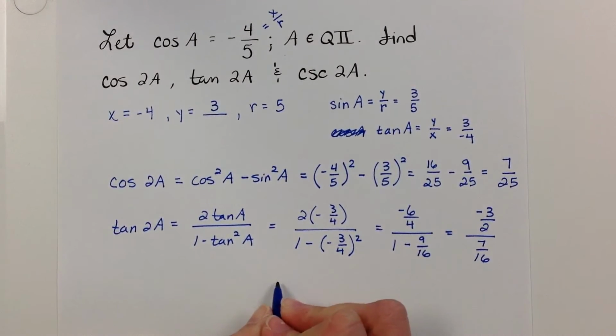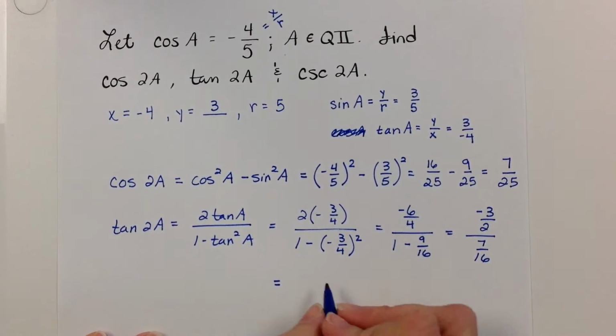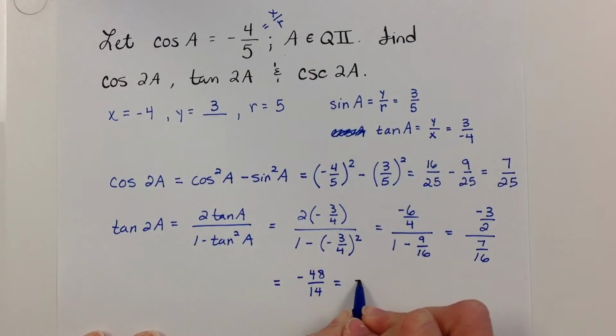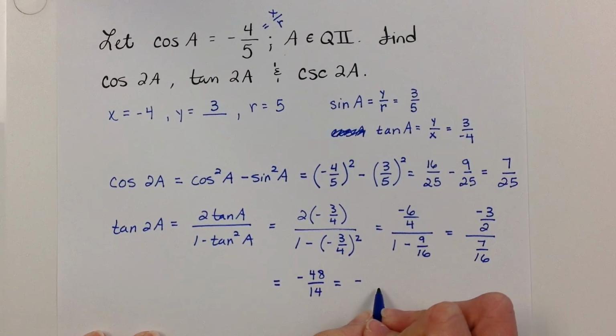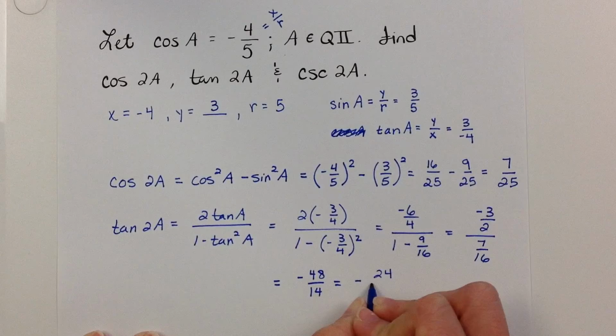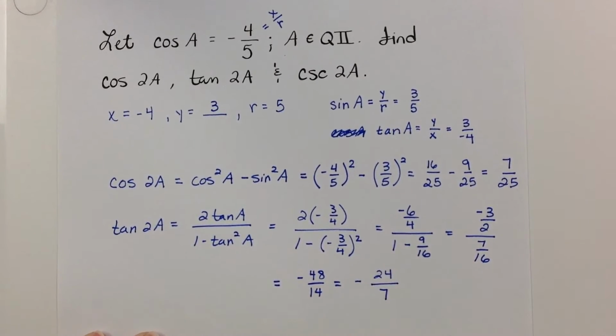Now simplifying this, we end up with -48 over 14, which we can reduce by 2, so negative 24 over 7. So there's your value for that.